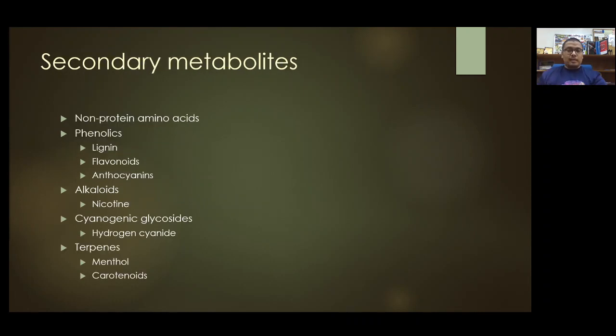Of course, the secondary metabolites, or metabolomics, we can say this also. These perform non-vital functions and are less widespread in plants as compared to primary metabolites. These are generally the byproducts of metabolism. They were earlier considered to be waste products, having no important role.